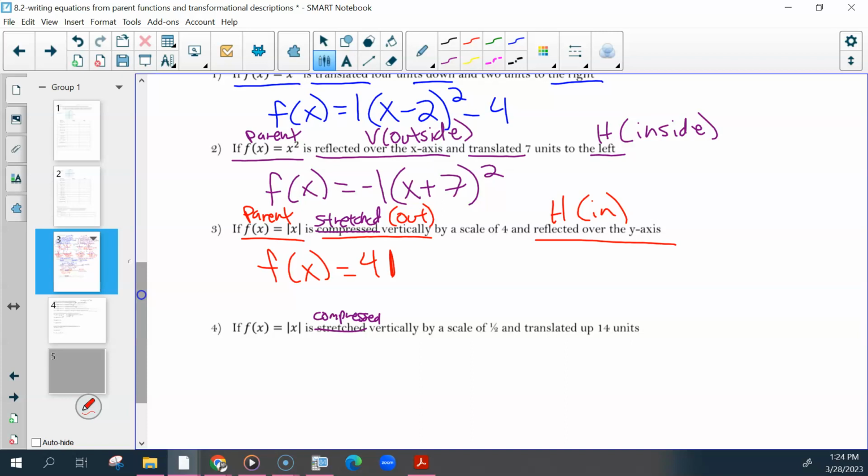It's going to go in front of the x. Do we have any horizontal shifts? No. So that is all that goes inside the absolute value. Do we have anything else to add? No. That is it. Questions on that one?